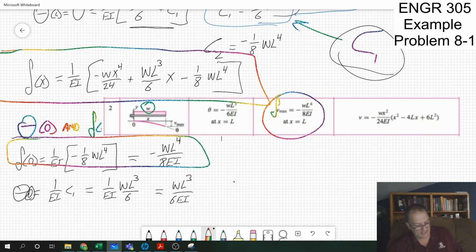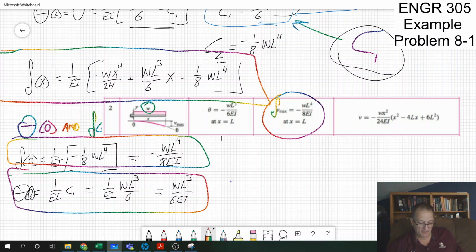Look at that. All right. Now, theta. Let's look at theta. Our theta is WL cubed over 6EI. And look at theirs. Oh, wait, we got a sign change in there. Why did we have a sign error? Well, if you look at, and we have to zoom in really tight, this angle that they've got is negative, that it's going down, right?